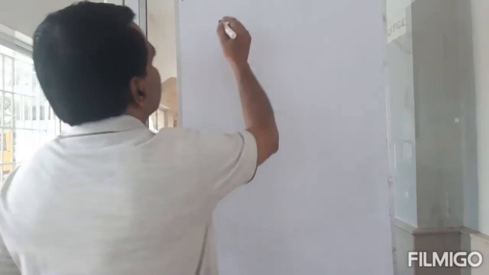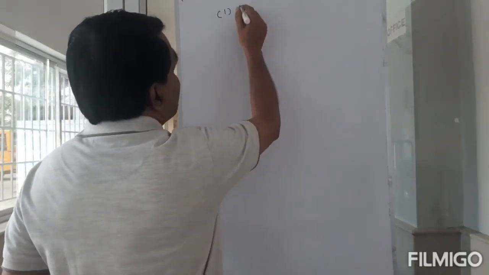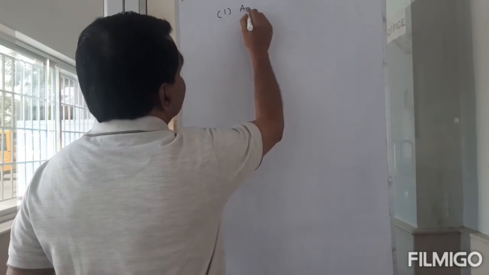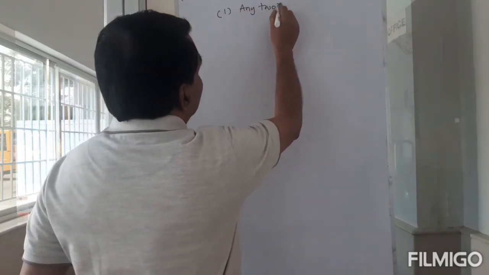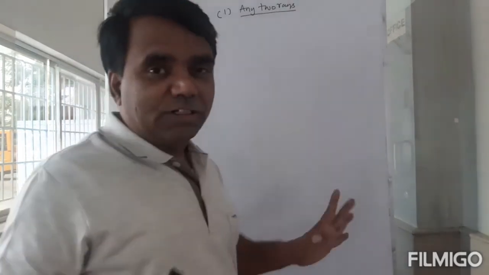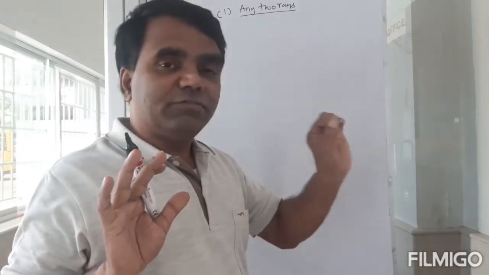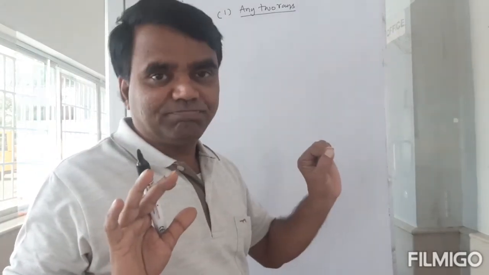I just want to talk about them first. The first rule is you can take any two rays. You need to find the point of intersection after reflection.